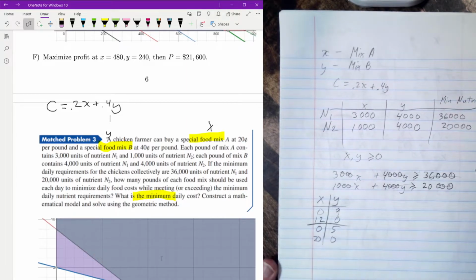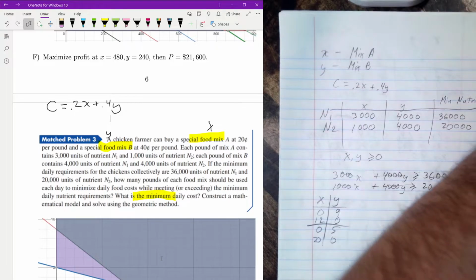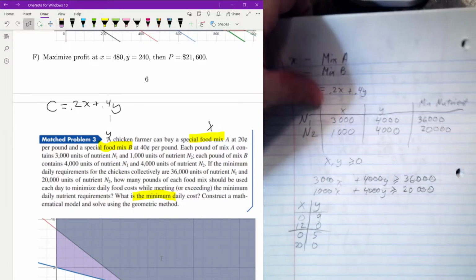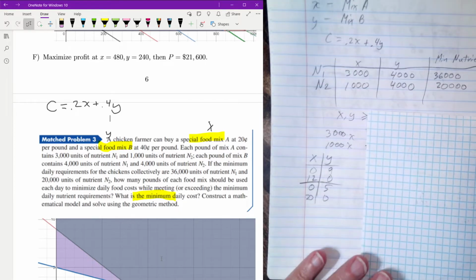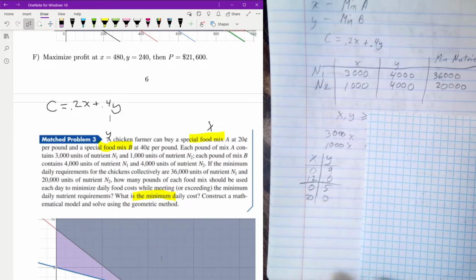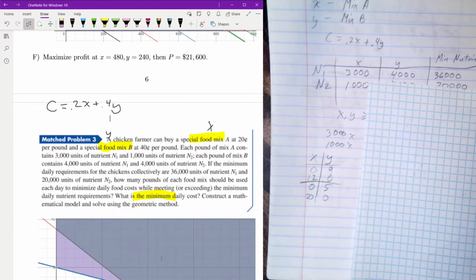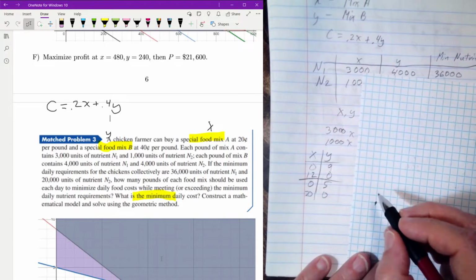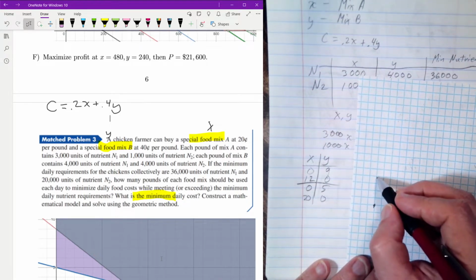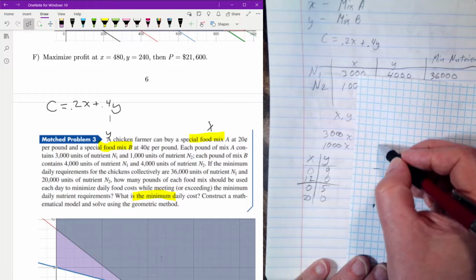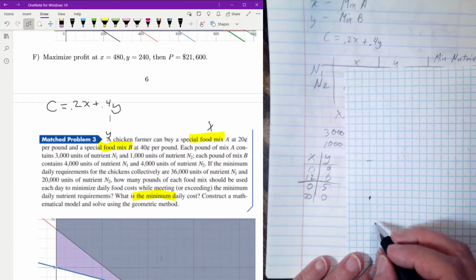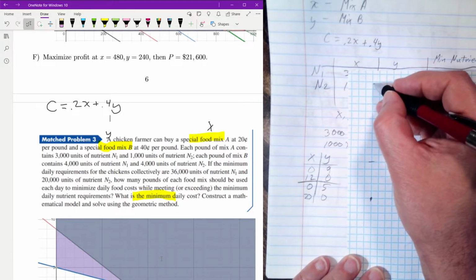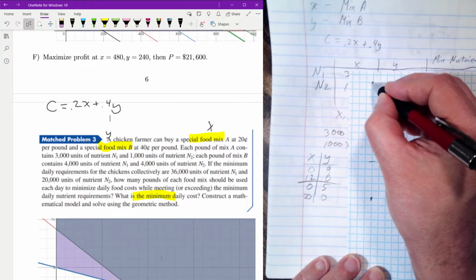So we can graph this. We have graph paper available. Let's call this 20 right there.